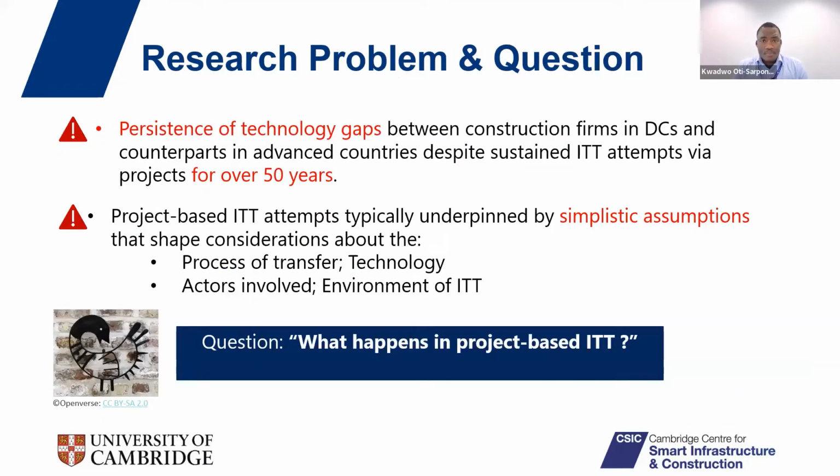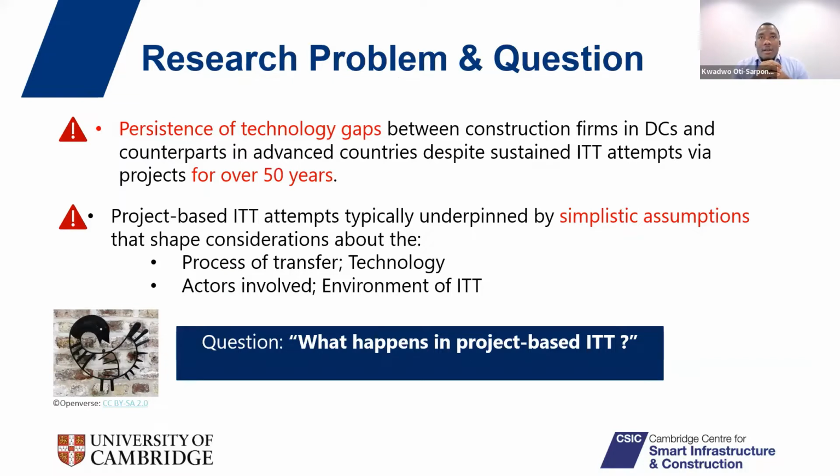And so the problem that has been identified is that for over 50 years, international technology transfer attempts have been tried, but the technology gaps that they are meant to tackle persist.